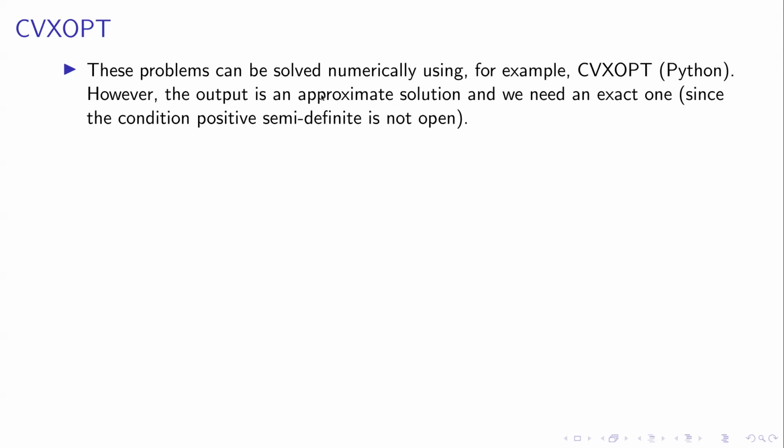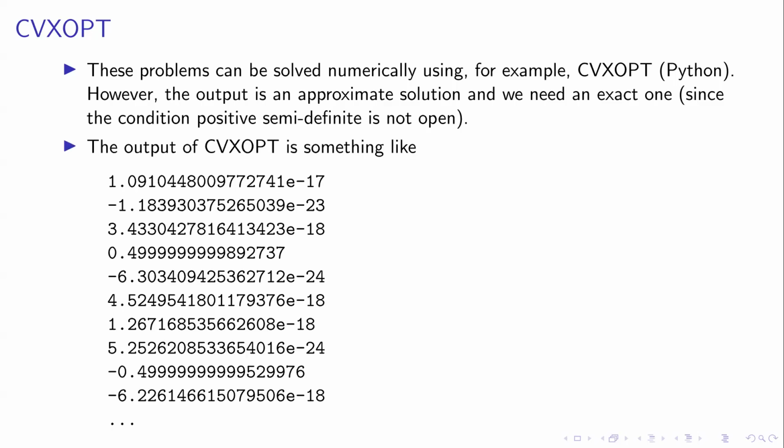However, this solution is approximate because we are solving numerically, but we need an exact solution because we are trying to solve a problem about non-negative curvature. So if the error is small, we can think that the polynomials are non-negative, but actually at some point it could be a very small negative value. The output of CVXOPT, this is a very small slide, is something like this.